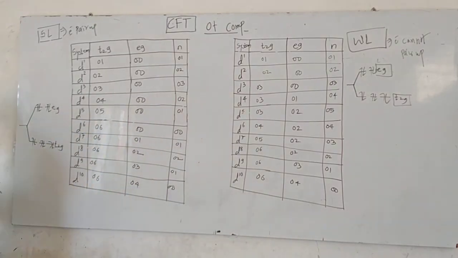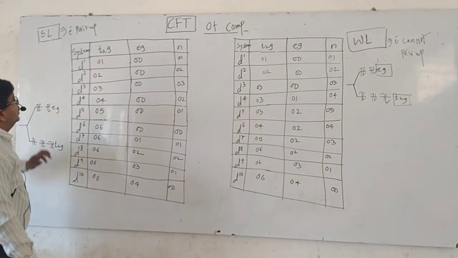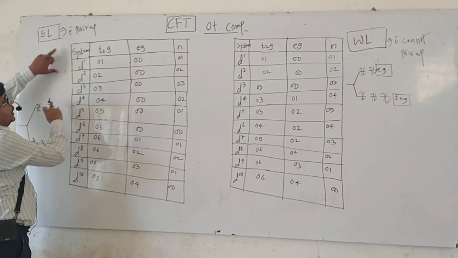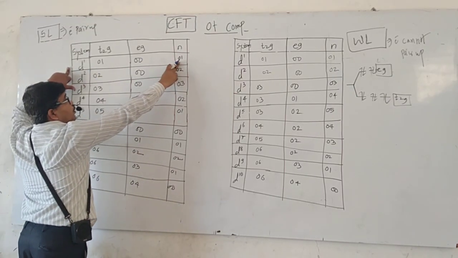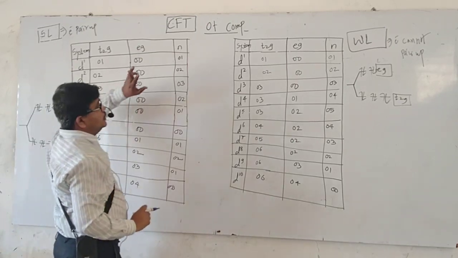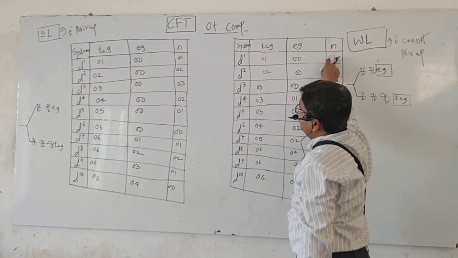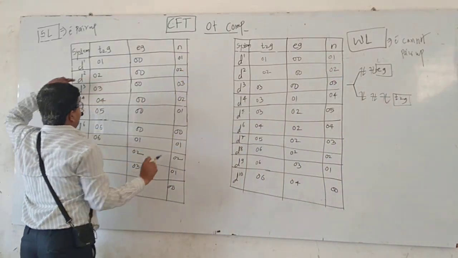Now you can see what the similarity and what the difference is in case of strong ligand and weak ligand. Okay. Now for d1, in case of strong ligand, t2g 1, eg 0, number of unpaired electron is 1. And here also t2g 1, eg 0, number of unpaired electron is 1. So it is the same. For d2 also it is the same.